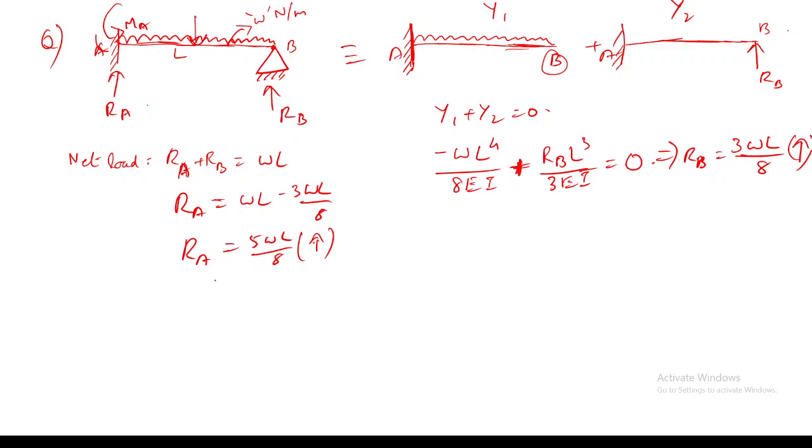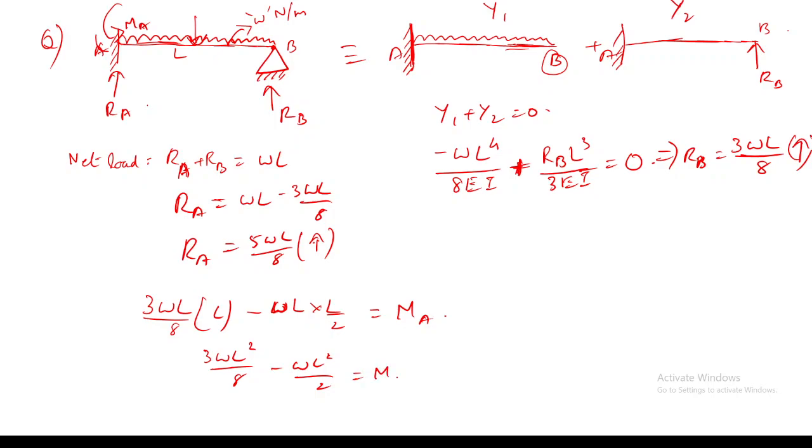If I take anti-clockwise moments as positive, it will be 3WL by 8, which is RB, into L, minus WL into L by 2, which is a clockwise moment, equal to the net moment. So it will be 3WL square by 8 minus WL square by 2, which equals MA.